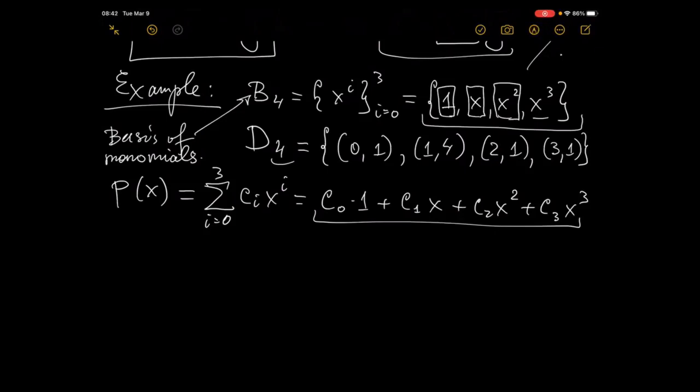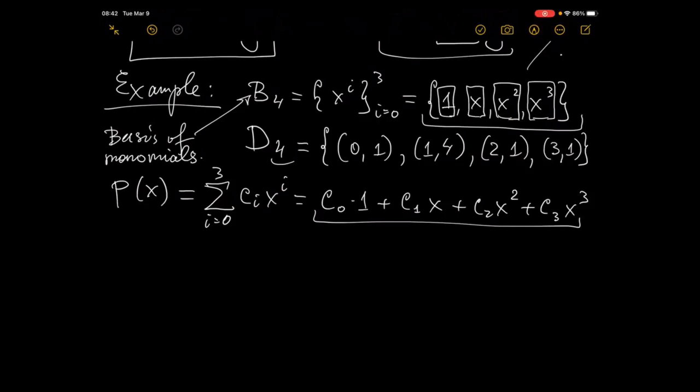The simplest polynomial of degree 1 is just x. Of degree 2 is x squared. And of degree 3 is x cubed, right? So this is called the basis of monomials. And this is also the so-called natural basis for the vector space of polynomials of degree 3.